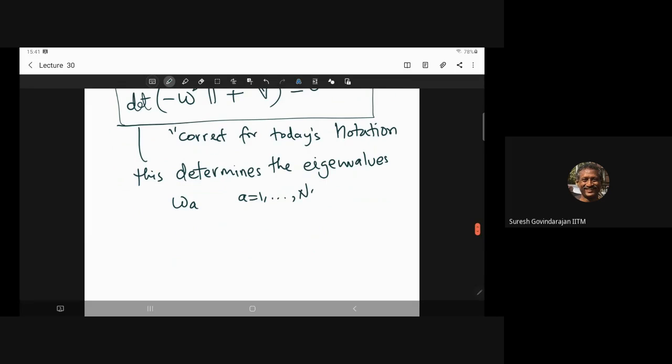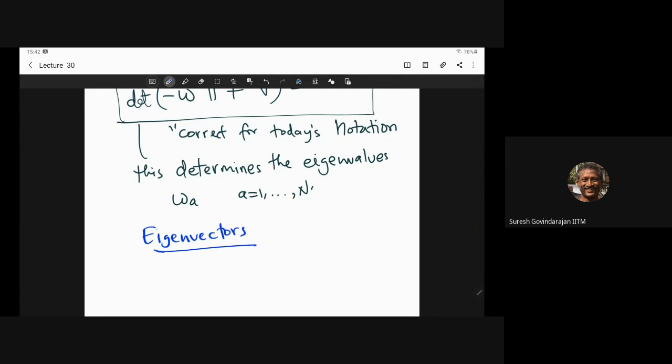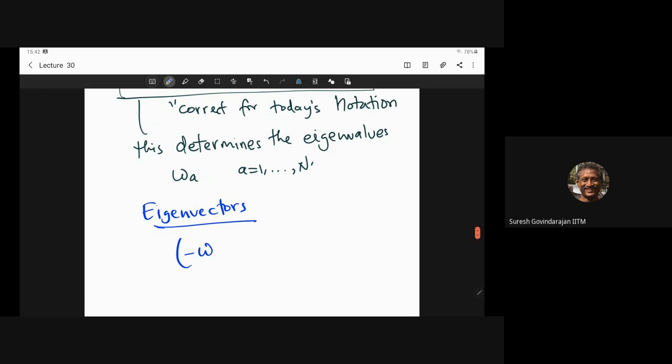Okay. So what we want to do is this: the eigenvectors will satisfy this equation, minus omega A squared T plus V acting on some vector, which would be eta 1 to eta n, or I call it A1 to An.